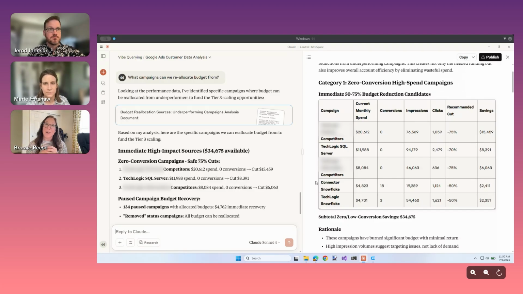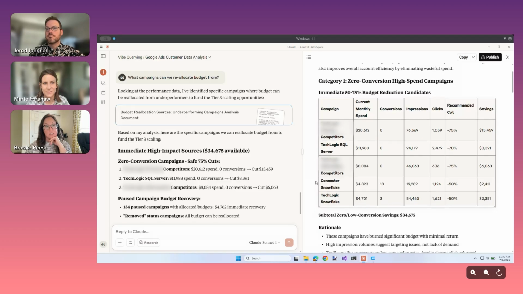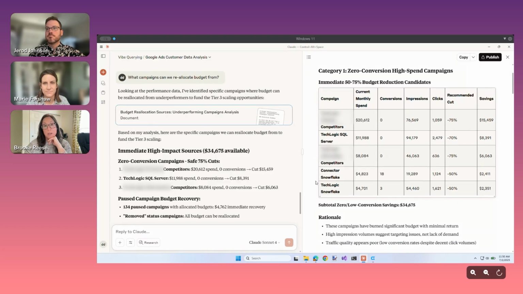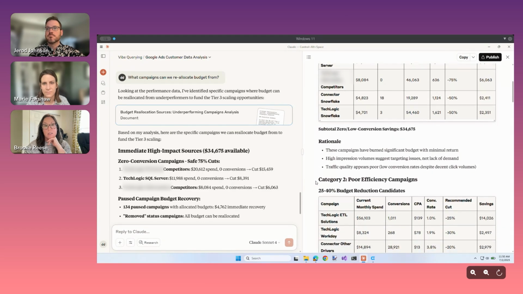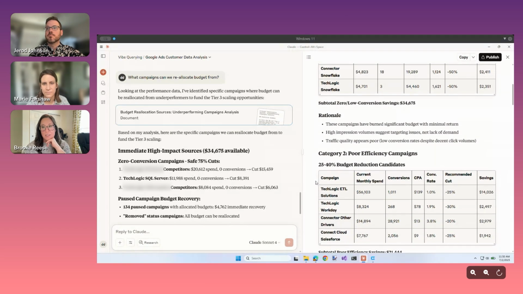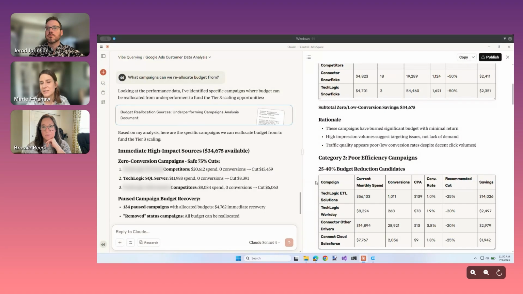And then maybe you say, okay, let's not necessarily decrease budget here, but I think overall it is identifying good opportunities for us to decrease, so we can fund that increase for those high performing campaigns. Yeah, that makes a ton of sense. Sometimes Claude doesn't always know what you want to do. Yes.